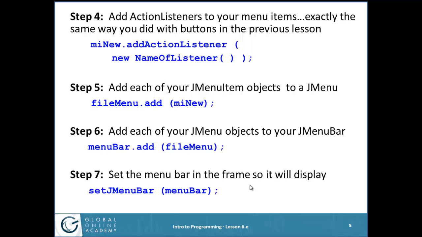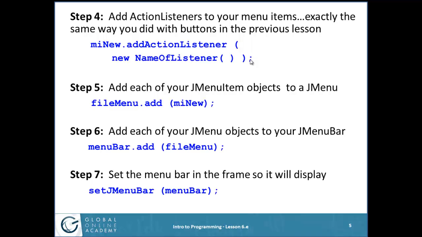So for each menu item, whatever my name of the object was for the menu item, I do .addActionListener, and I pass it in a reference to an object that's a type of my action listener. So remember in the last video we created a class that implemented ActionListener. We're going to be doing that for menu items as well.